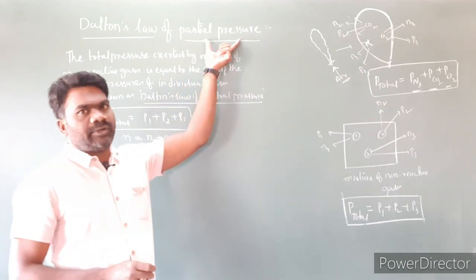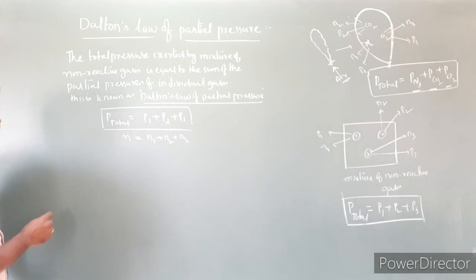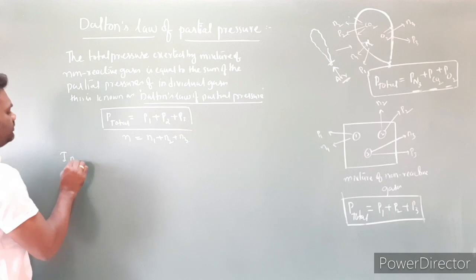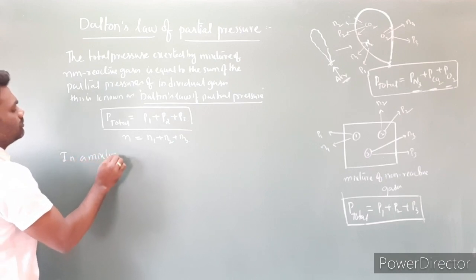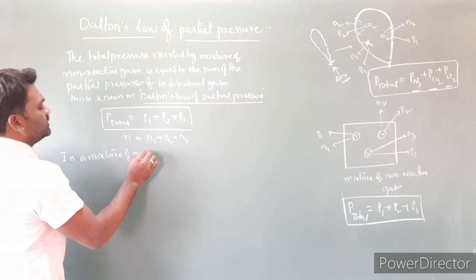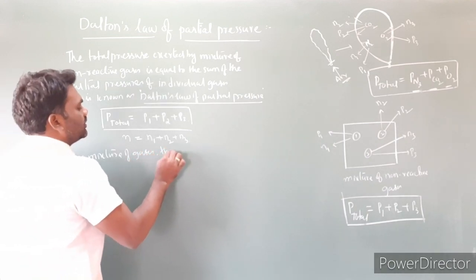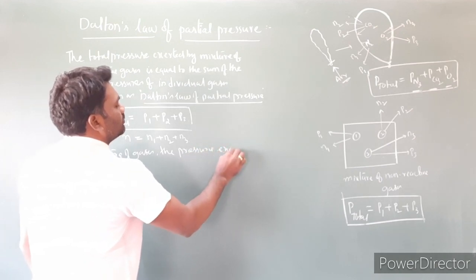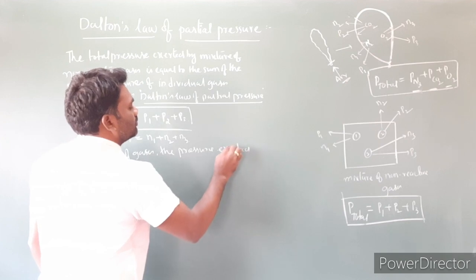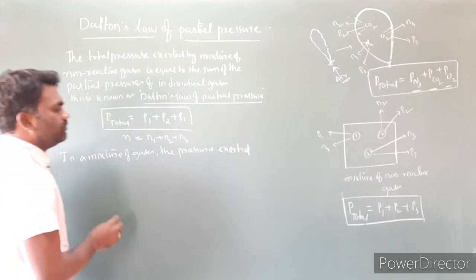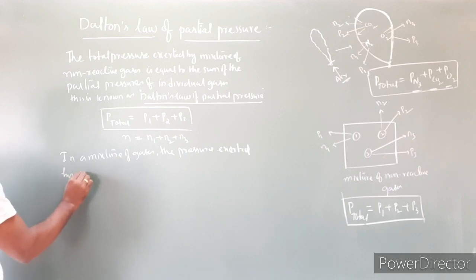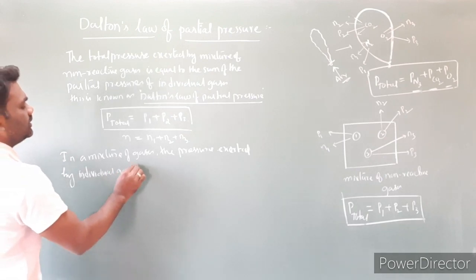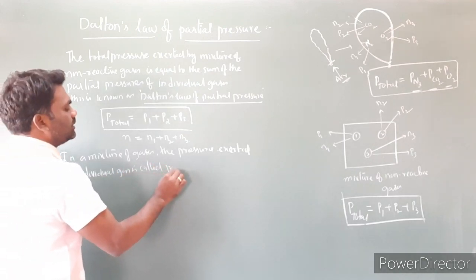Next, partial pressure. What is the partial pressure? The partial pressure is defined as, in a mixture of gases, the pressure exerted by the individual gas is called partial pressure.